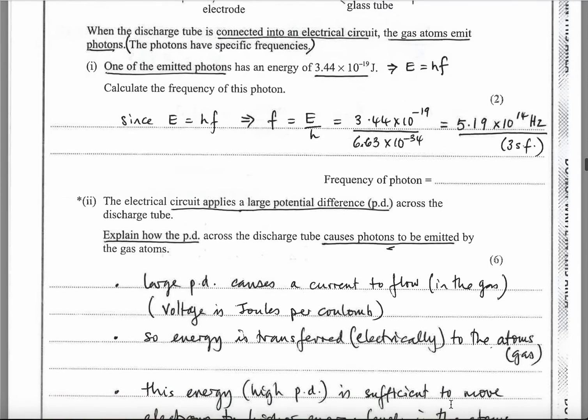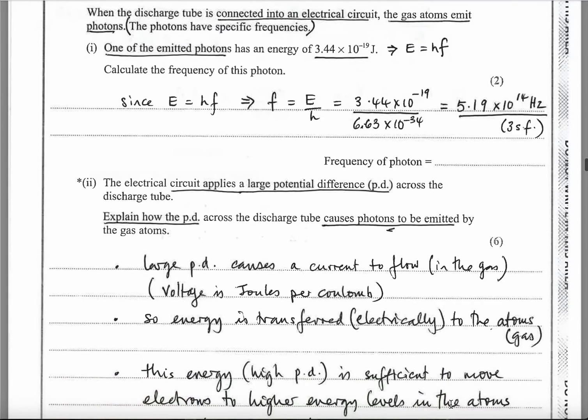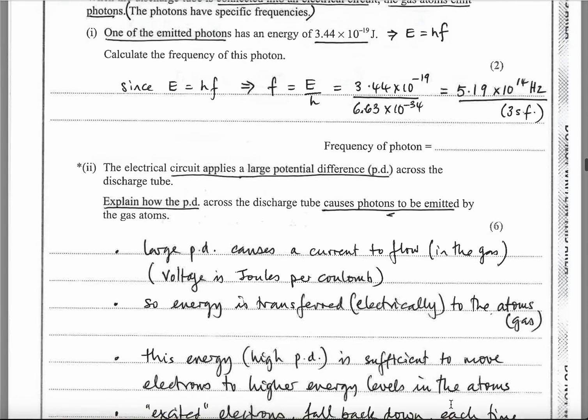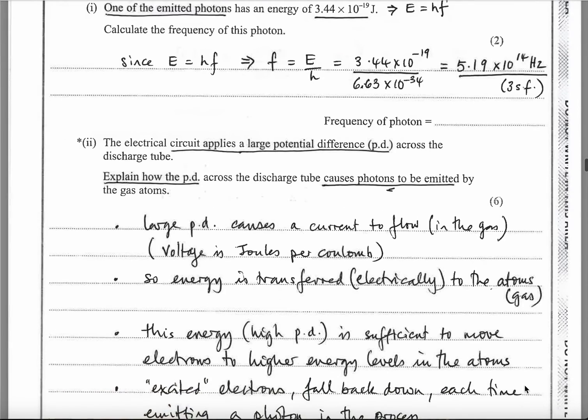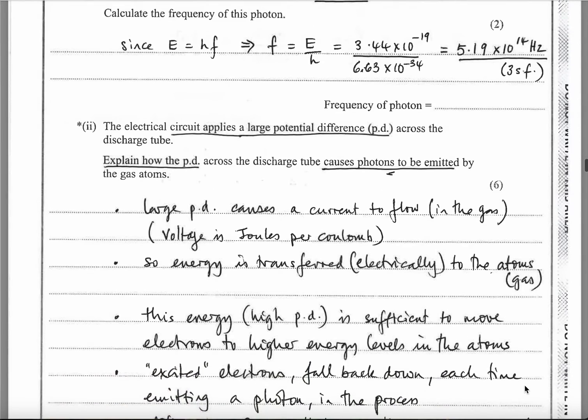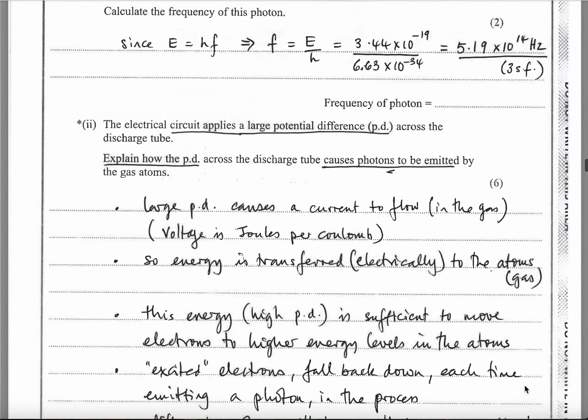Then you say this energy, the high PD, is sufficient to move electrons in the atom to higher energy levels in the atoms. Remember, these are the electron levels that exist in all atoms and molecules. And these excited electrons will eventually fall back down each time they get energized, if they're not completely ionized by the electric field.